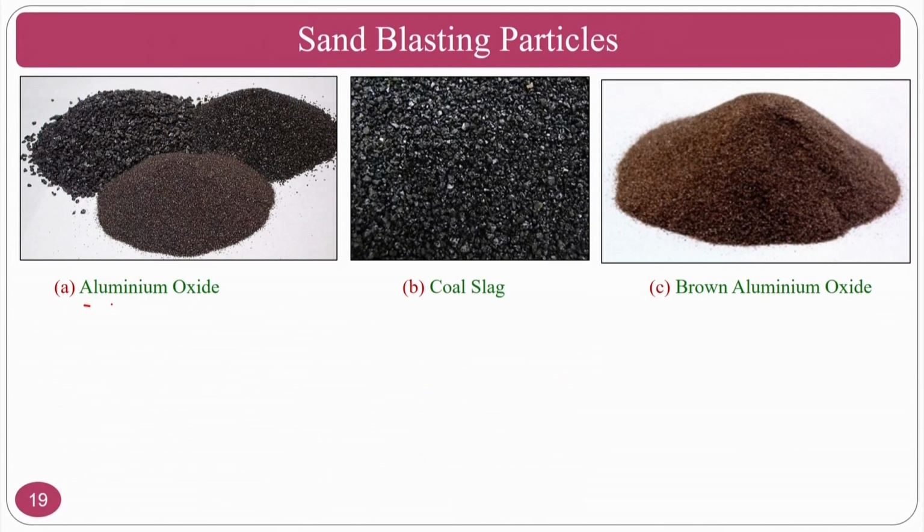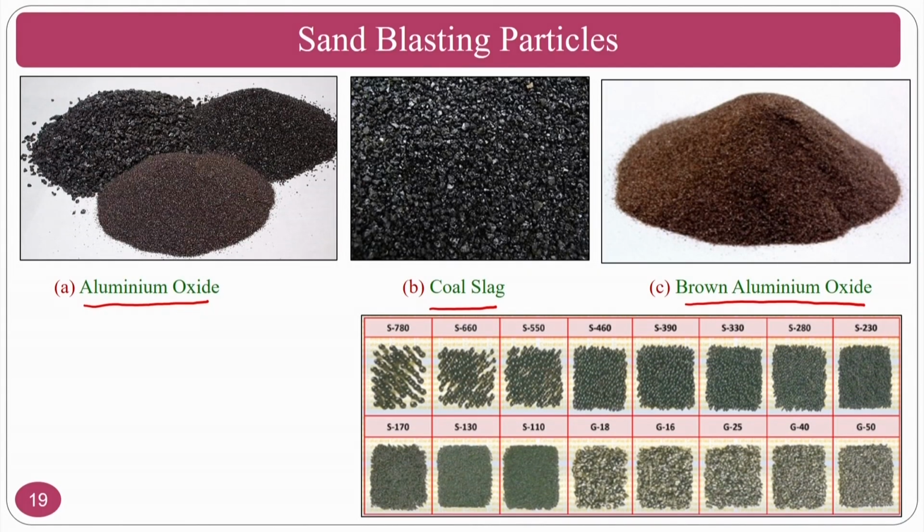Cold slag can also be used, and brown aluminum oxide and black aluminum oxide. There are varieties of aluminum oxide, and this can be pumped along with highly compressed air, so that you can blast on an object or workpiece that you want to shape, or strip certain layers from, or create a virgin surface.